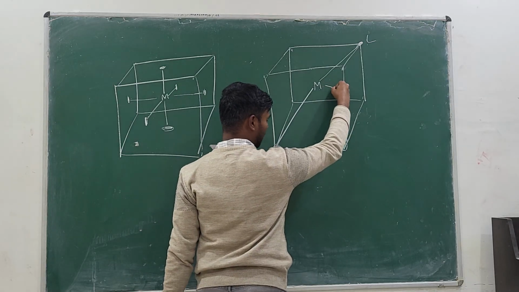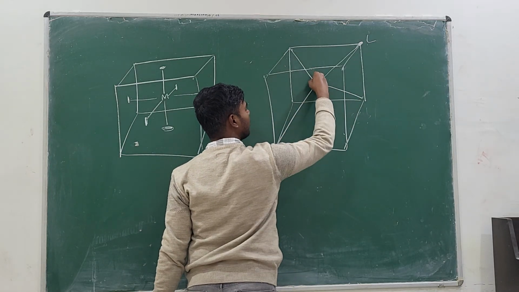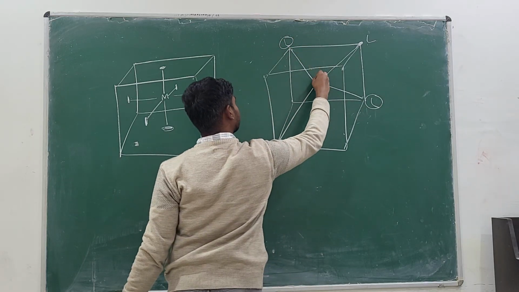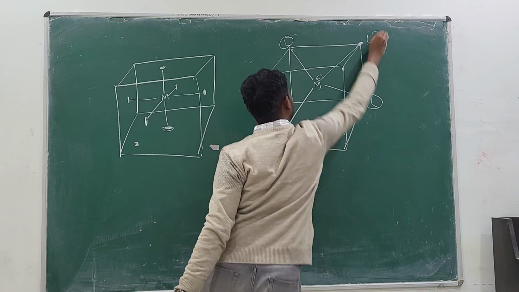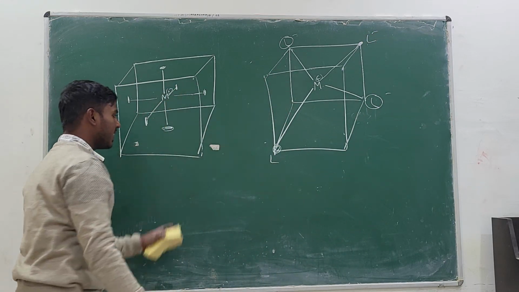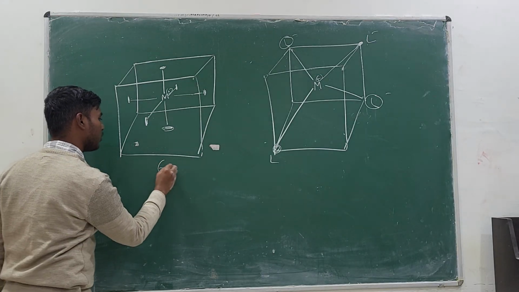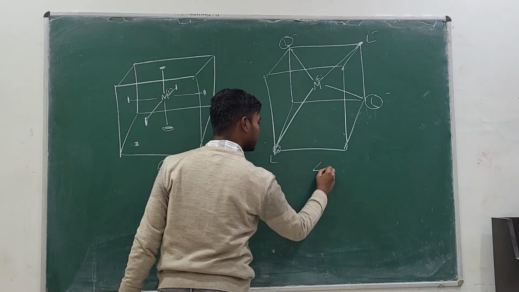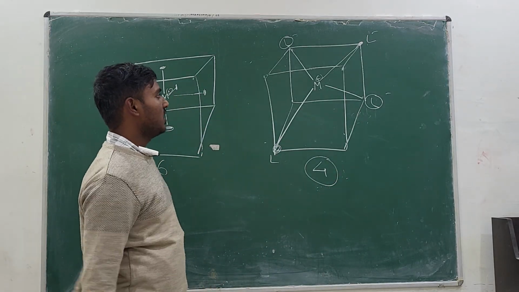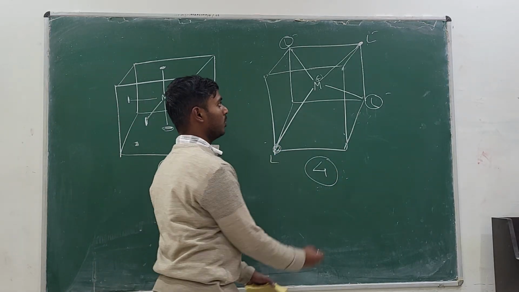Another two ligands come one from this corner and one from this corner. In the octahedral case, there are 6 ligands coming from the face centers, and here there are 4 ligands coming from the alternate corners of our cube.